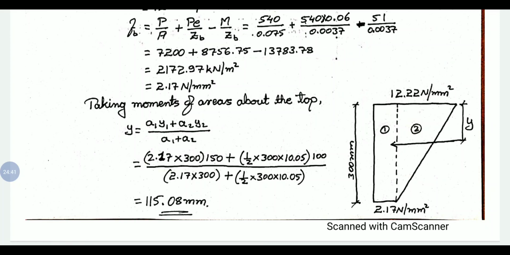At bottom we have 2.17 Newton per mm square, and at top we have 12.22 Newton per mm square. So this is a trapezoid. We need to split this section into a rectangle and a triangle. So same, we need to find the centroid by calculating the centroidal distance. We will get 115.08 mm. Remember, this is taken with respect to the top.